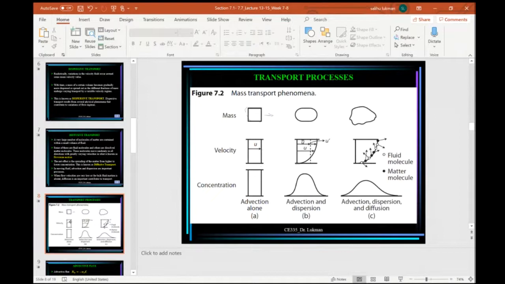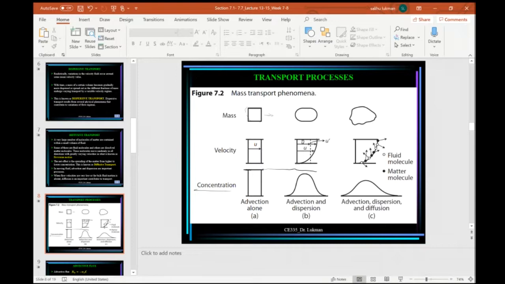This is advection for the concentration, so the concentration is always constant. But when you have dispersion, the concentration reduces because the mass spreads out due to the velocity gradient. So the concentration will not be constant as when you were considering advection alone.